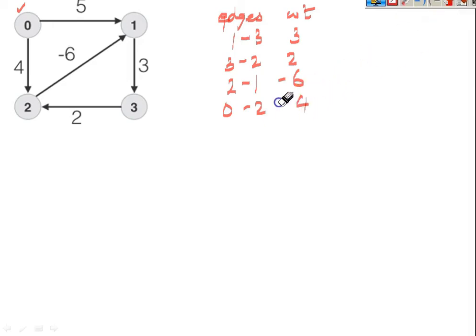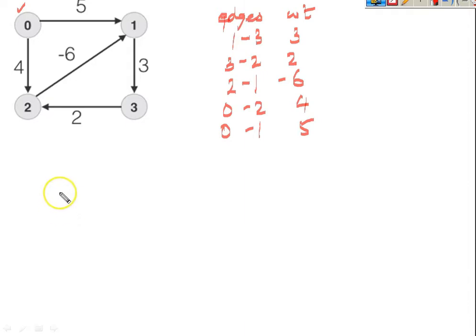Let me do the correction: 0 to 2 is 4, and also we have 0 to 1, which is 5. So I have 1, 2, 3, 4, 5, we have 5 edges in our graph. Okay, so now we have the edges and the weights.